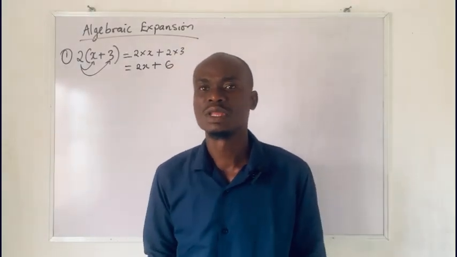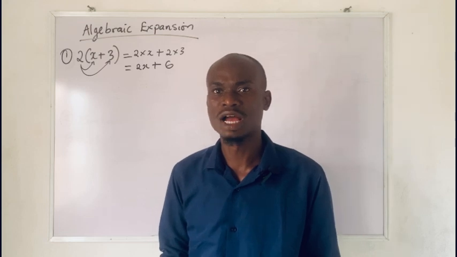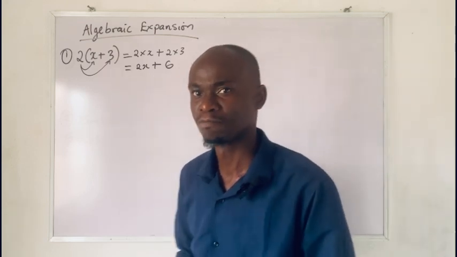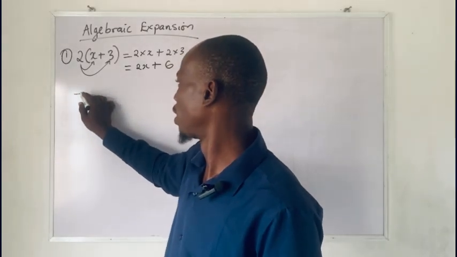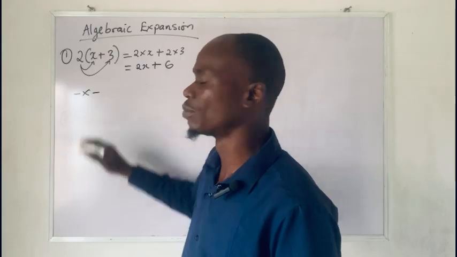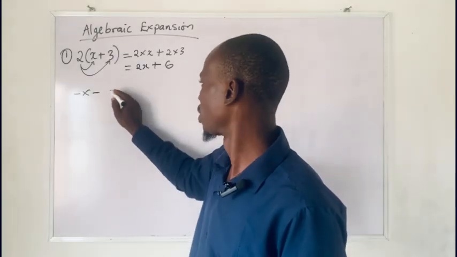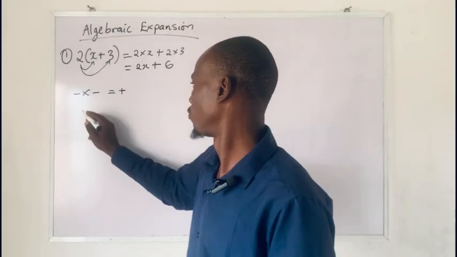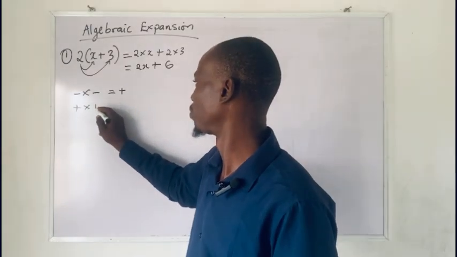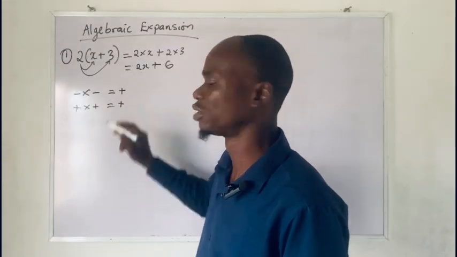And in order for our expansion to be very good, we must understand combination of signs. If I have minus times minus, that means two negative terms multiplying, it will eventually give me a positive answer. If I have two positive terms multiplying, it will also give me a positive answer.